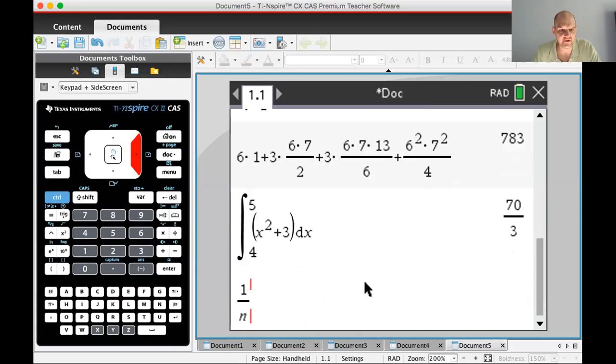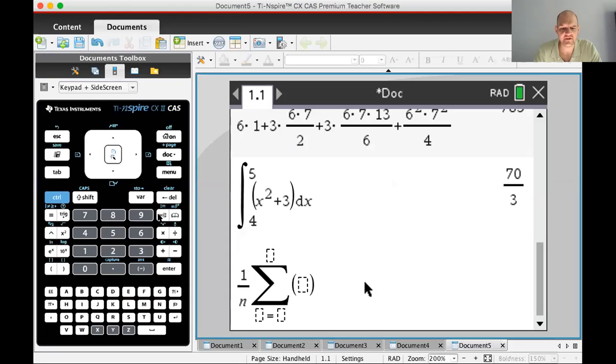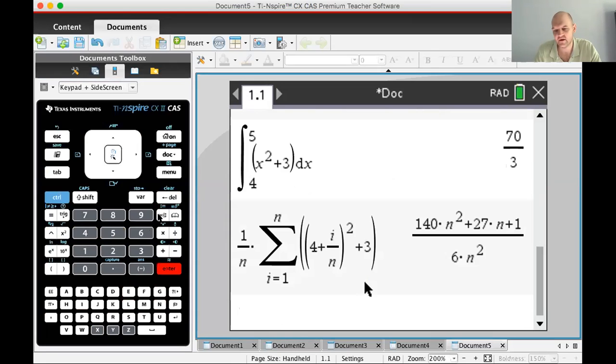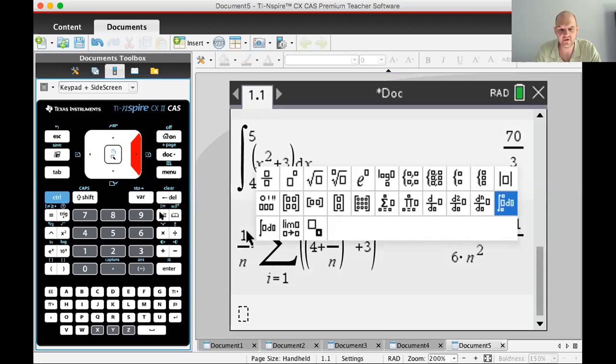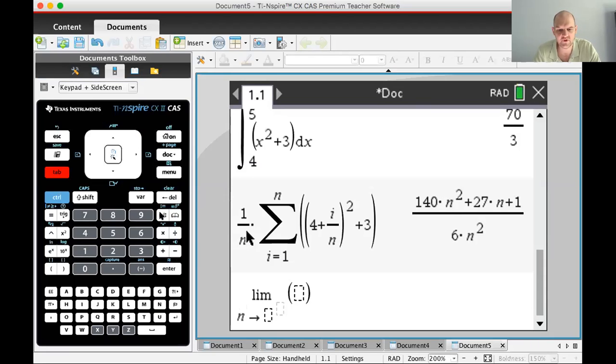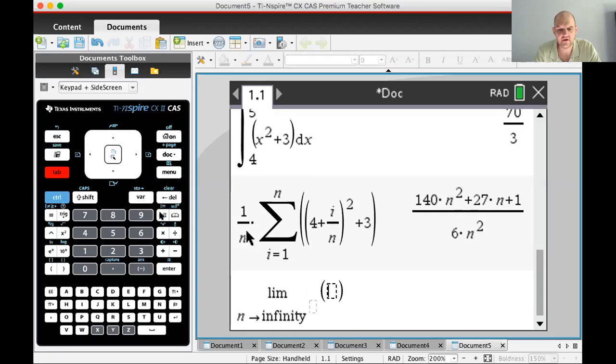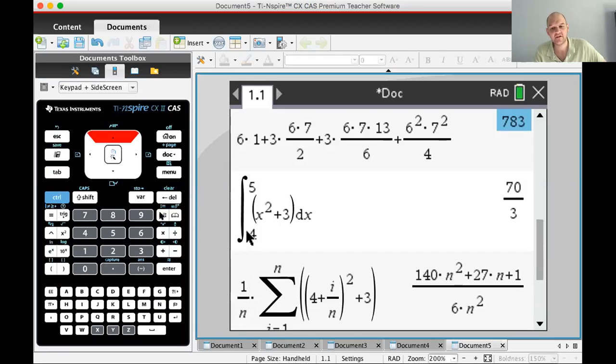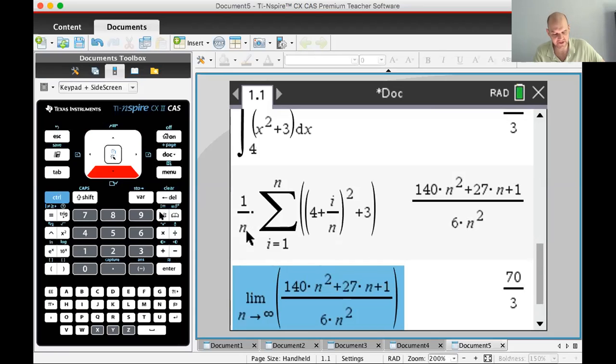I'm going to punch in the original: 1 over n, the sum from i equals 1 to n of quantity 4 plus i over n squared plus 3, and then just press enter. Okay, great. But what I really want to do is take the limit. So the limit as n approaches infinity of the answer, I get 70 over 3. So it actually is working. This is some very high level stuff.